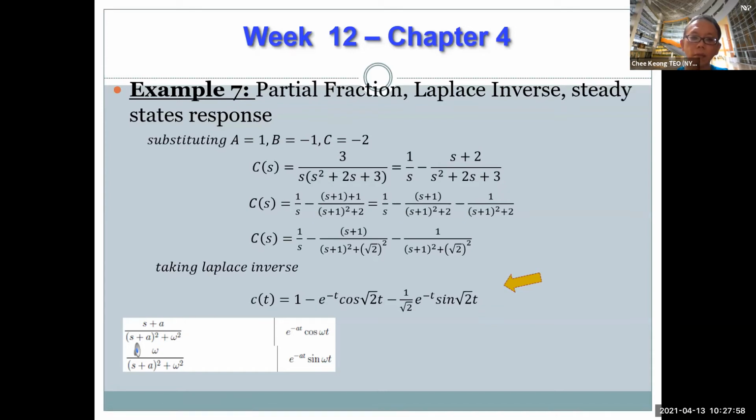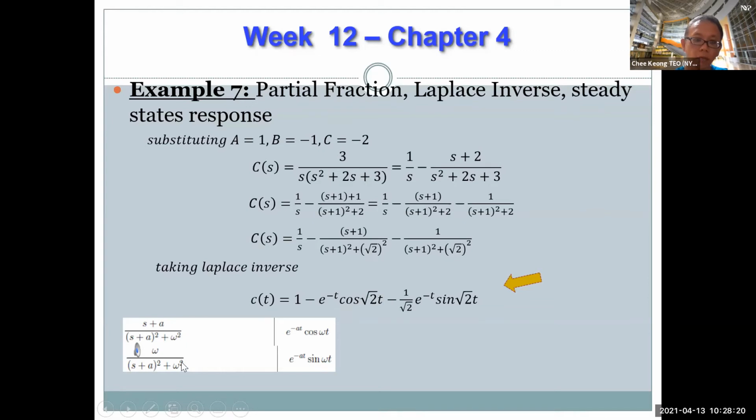By re-manipulating this whole thing, this is square root of 2 squared, right? It's still the same as square root of 2. And then with this form and this form, basically the first one will result in e to the power of minus at cos omega t. This guy changes into this, right?